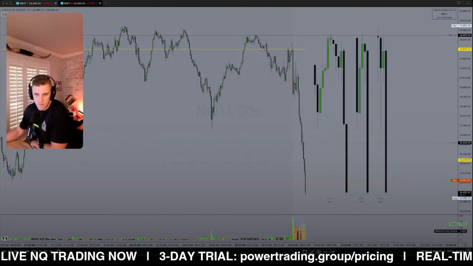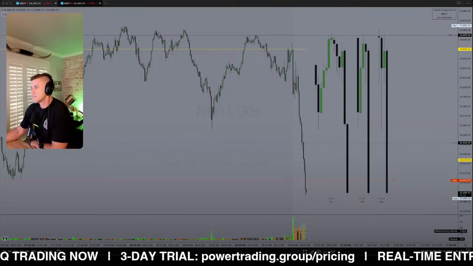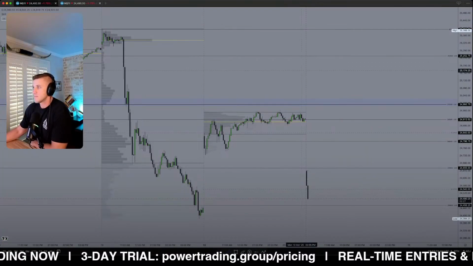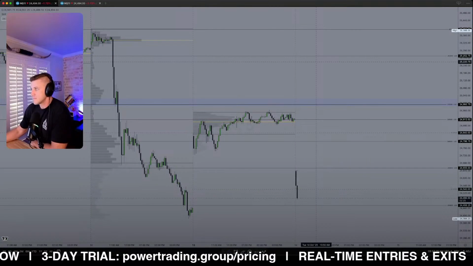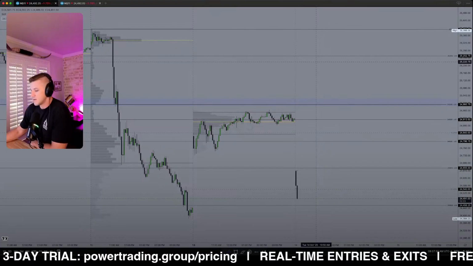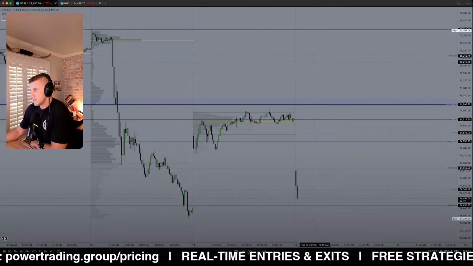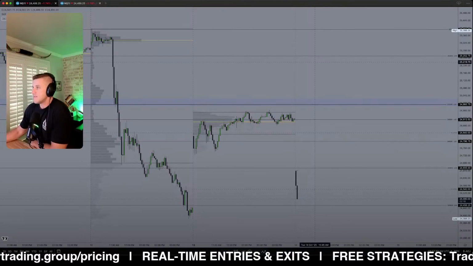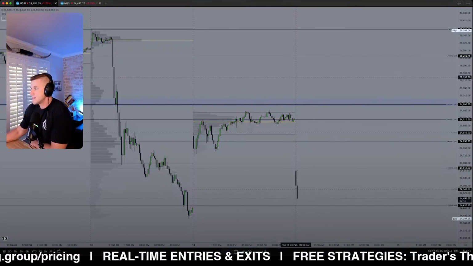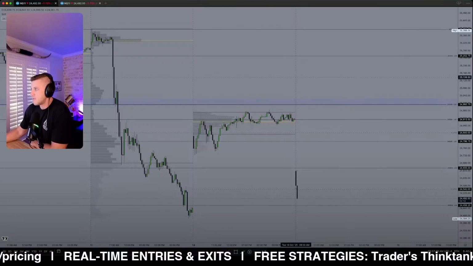Beneath that, you've got the 450 level of interest. So far, it's a gap and go morning. Gap lower outside of yesterday's inside day and just flush it, almost 200 points.